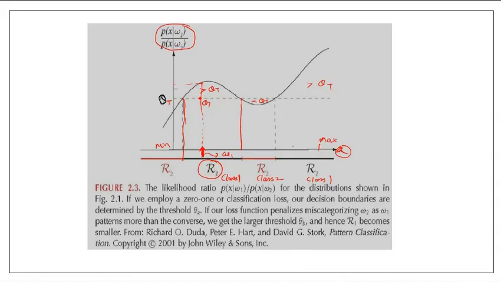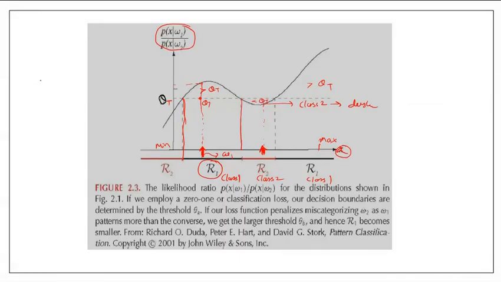Then if you are standing, suppose, here, then you check the ratio. This ratio is less than theta t, then you will say, okay, this is class 2. That means it is a duster. Okay, so that way you can easily classify a given input.